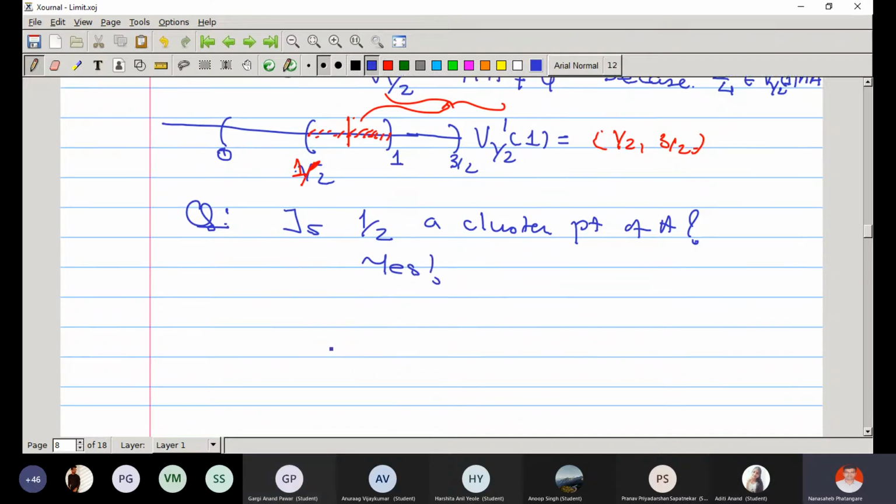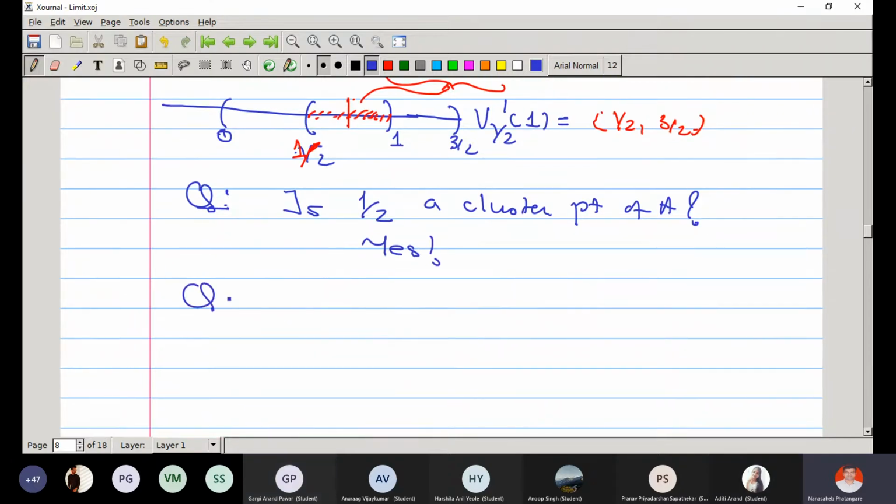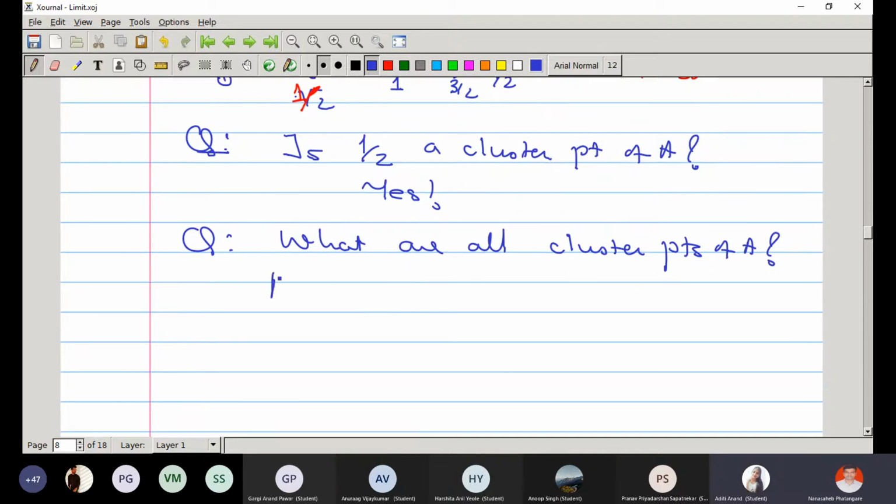So half. Now my next question is, what are all the cluster points of A? Can you give me all the cluster points? And what is the answer? 0 to 1. Right?